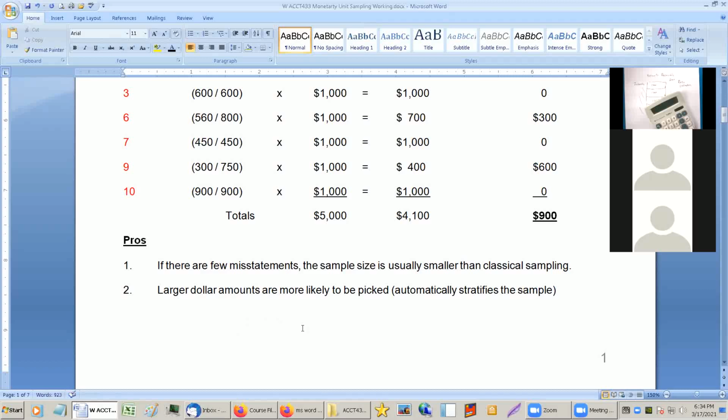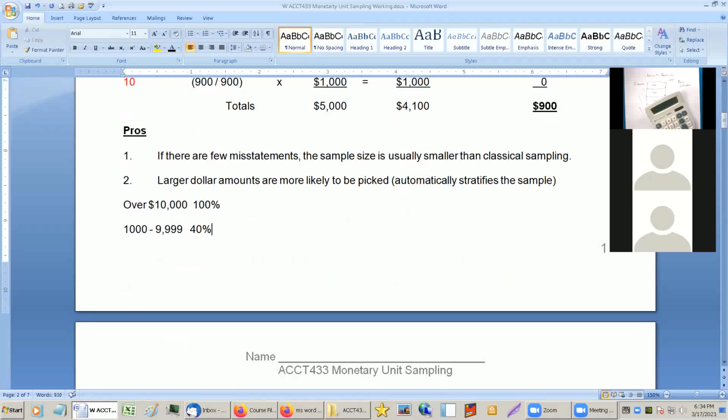So we said, okay, anything over $10,000, we take 100% of those. No, not 1,000% of them. And whatever is 1,000 to 9,999, we take 40% of those. Remember we did that before in another handout, where you stratify the sample, the larger ones are the more likely ones you want to see. You don't have to worry about that for this.